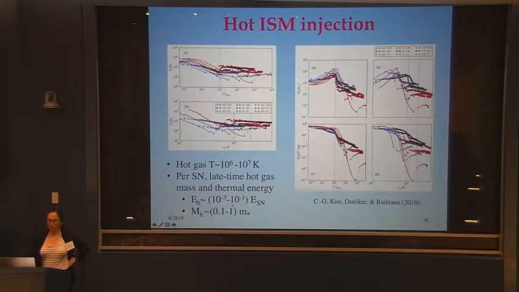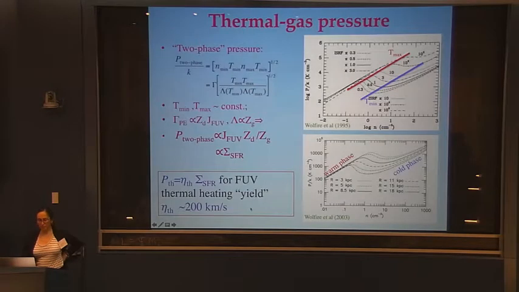So the fraction of energy that's left in hot gas is a small fraction of the energy that was put in. And the mass of hot gas is also only at most comparable to the total mass of stars per supernova.